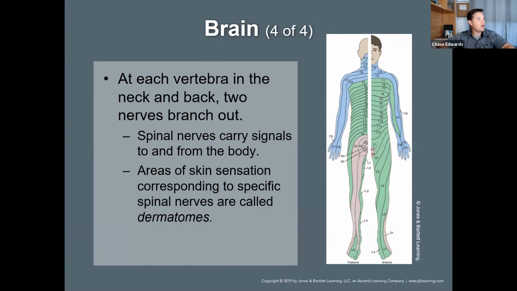All right. The brain. At each vertebra in the neck and the back, two nerves branch out. These are called spinal nerves, right? They carry signals to and from the body. The areas of skin sensation corresponding to specific spinal nerves are called dermatomes. All right, what skin condition follows dermatomes?